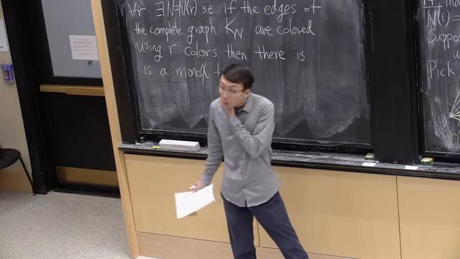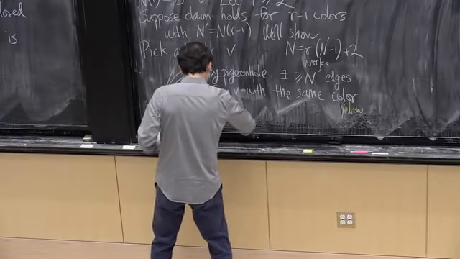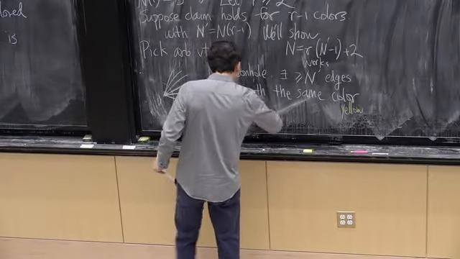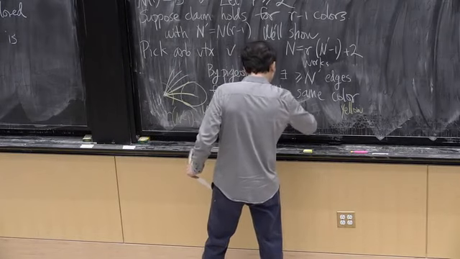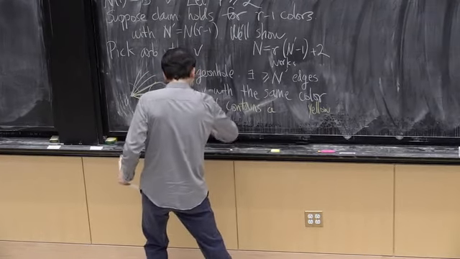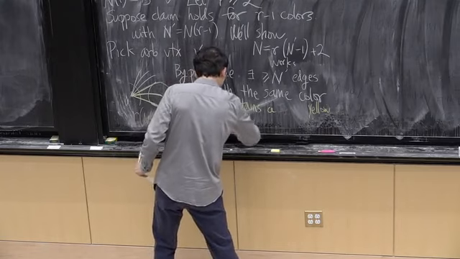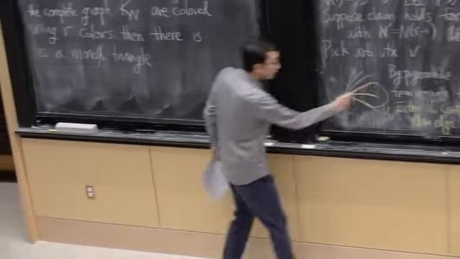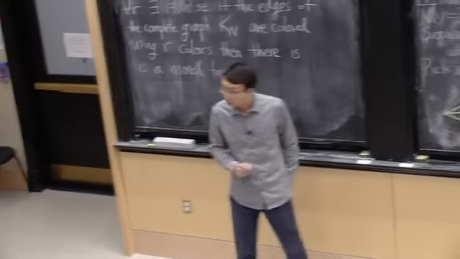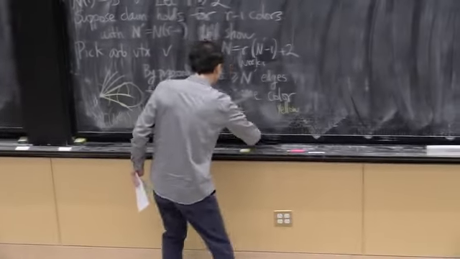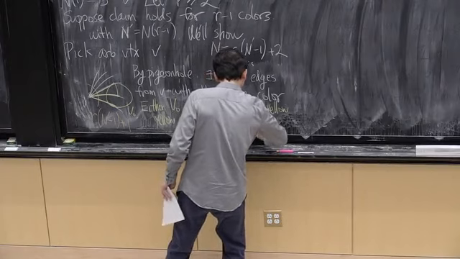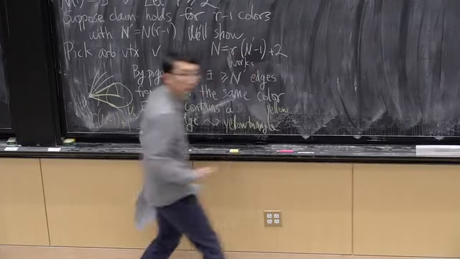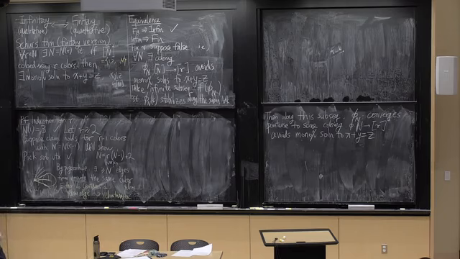Okay, so now let's think about what happens in V naught. Right, so in V naught, either V naught contains a yellow edge, in which case you get a yellow triangle. Or we lose a color inside V naught, so the number of colors goes down.